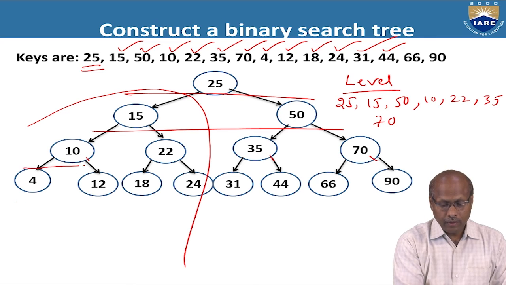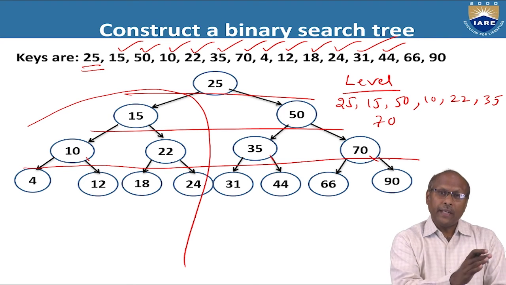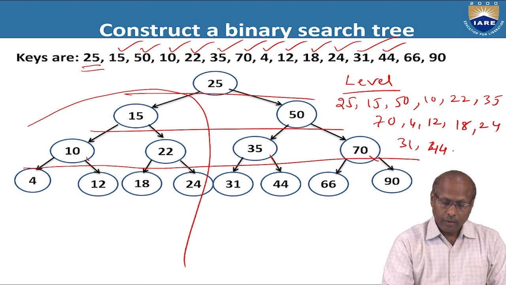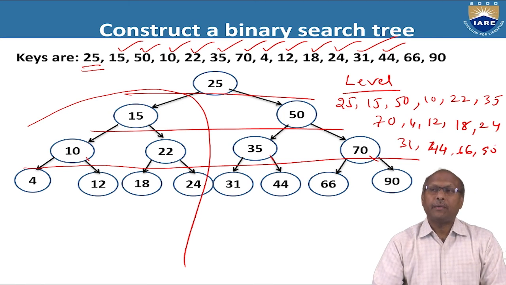Next this level is over, because you have to print level by level. Next 4, 12, 18, 24, 31, 44, 66 and 90. So this is the level order traversal.